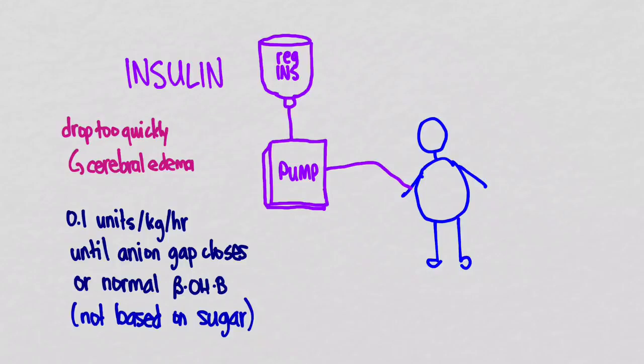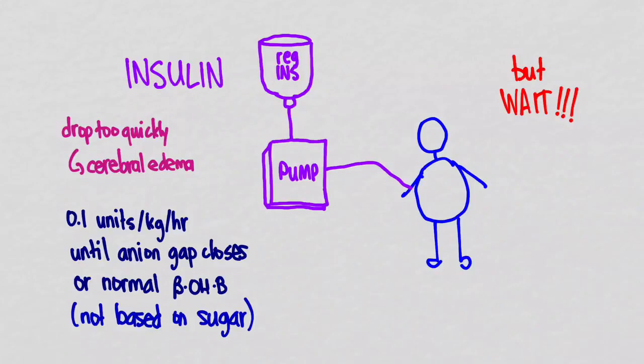Now, look, we're not basing this on the level of sugar. That's the whole reason that we have that 2-bag method, because we know that we're going to drop the sugar and we're going to have to supplement the sugar. And once the gap is closed, then you can transfer off of the IV to the sub-Q insulin. But until then, we're going to be using IV insulin.